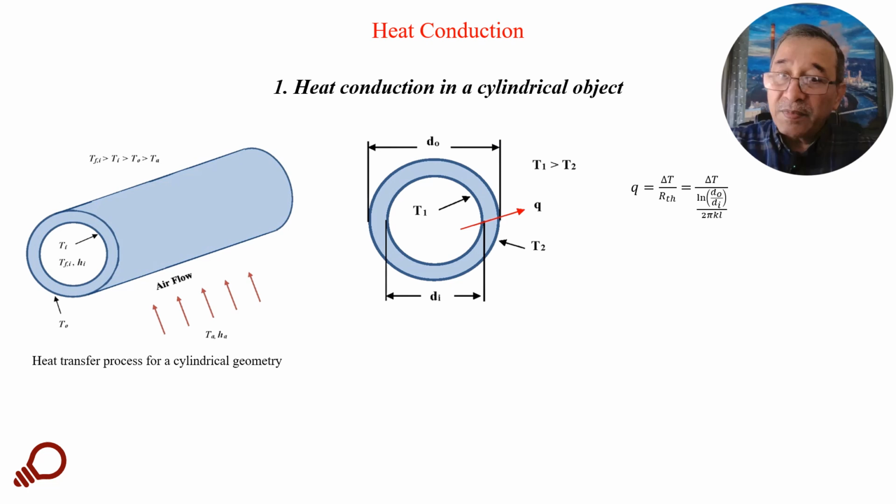And the general form is Q equal delta T divided by R thermal.